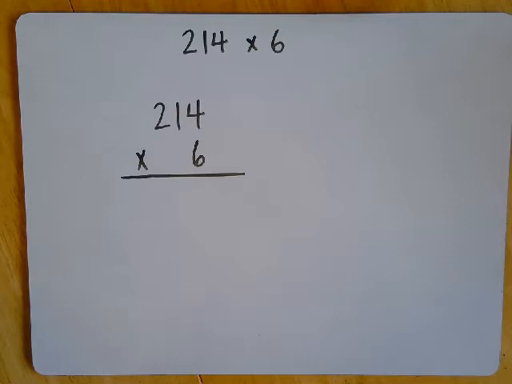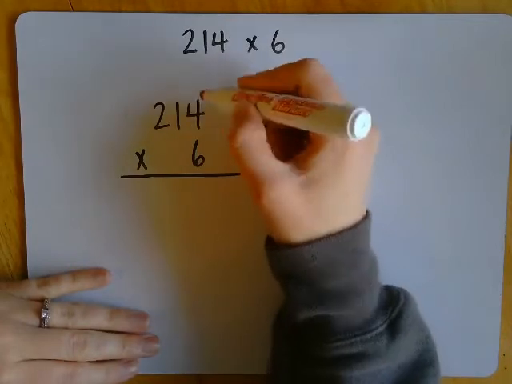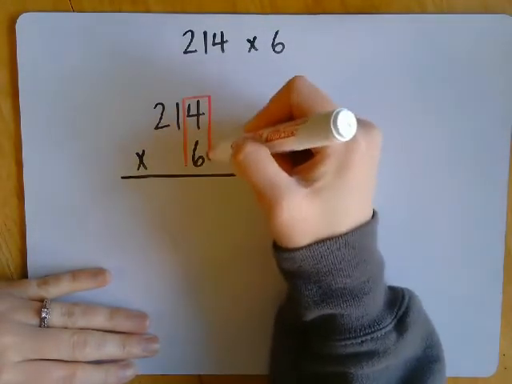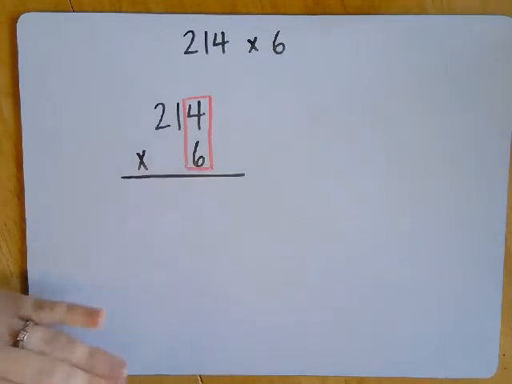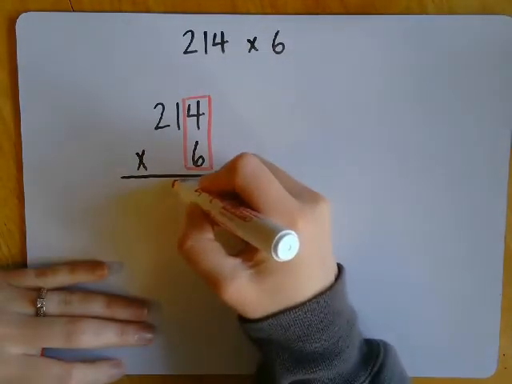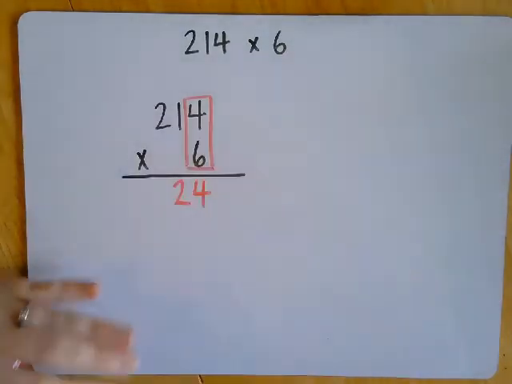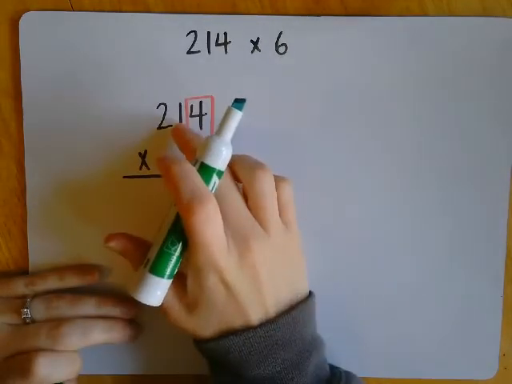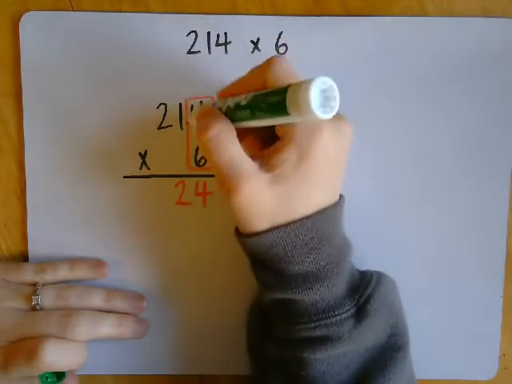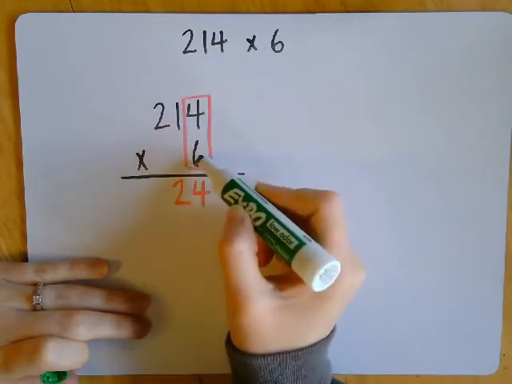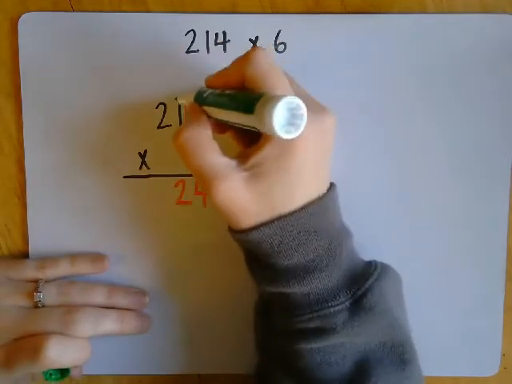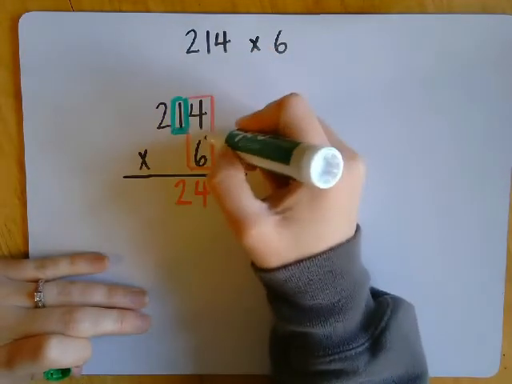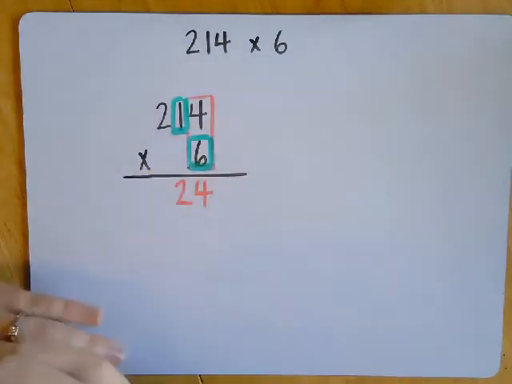So if we started in the ones place and I multiplied 4 times 6, I know that 4 times 6 is 24. So I can just write my answer there. My next step will be to multiply the 1 by the tens. So if I look at that as 10 times 6, I know that 10 times 6 is 60.